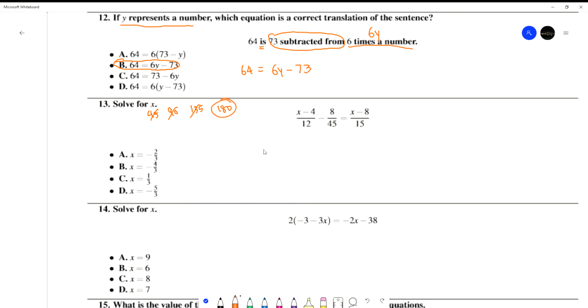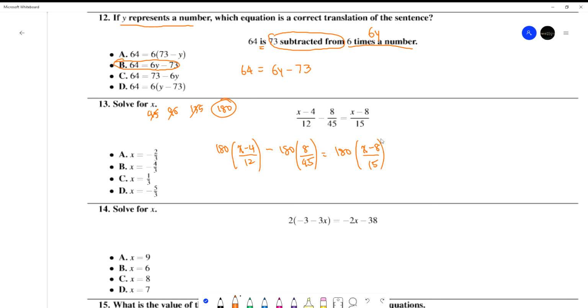Okay? So I multiply each of these terms by the LCD. So I get 180 times x minus 4 over 12, right? And then minus, let me write the 180 times 8 over 45 is equal to 180 times x minus 8 over 15.